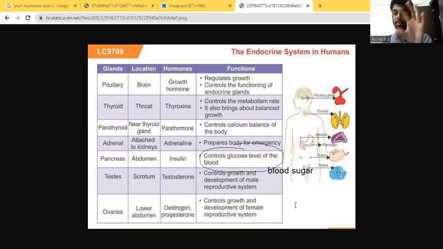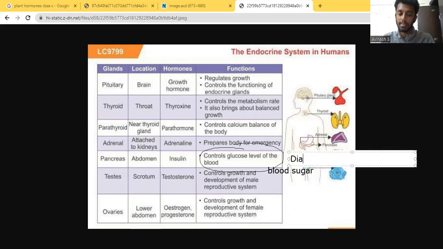The food that we take, especially carbohydrates, will be broken down into glucose in the small intestine, and this glucose gets mixed with the blood to reach each and every part of the body. During this, the glucose level in the blood should not exceed a particular value. If it exceeds, then it is very harmful, and that is what we call diabetes.